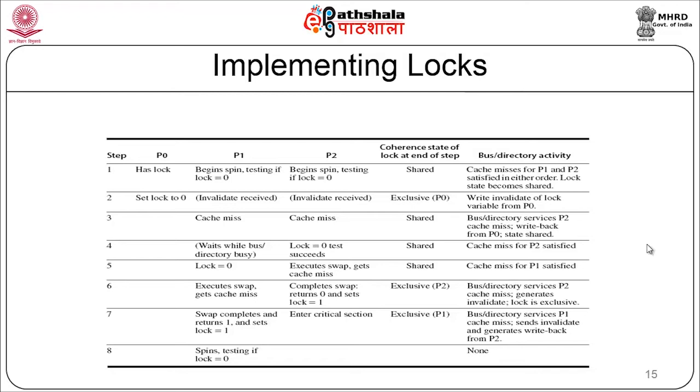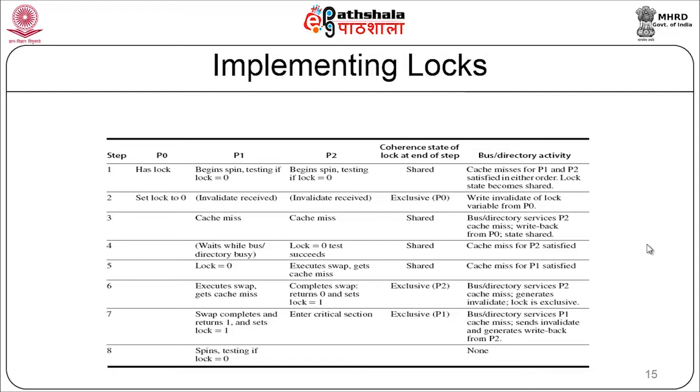Let us assume that P2 gets the lock, gets to do the atomic operation. So it completes the swap, returns a 0 and sets the lock equal to 1, and because it has done a write operation, the status changes to exclusive. And similarly, when this does an operation, it invalidates the other copies.